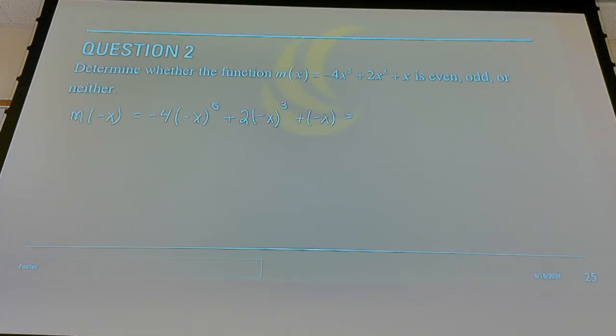Negative x raised to the 3rd would be negative x cubed, right?